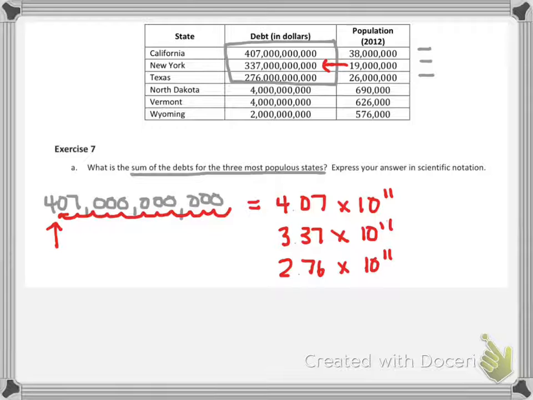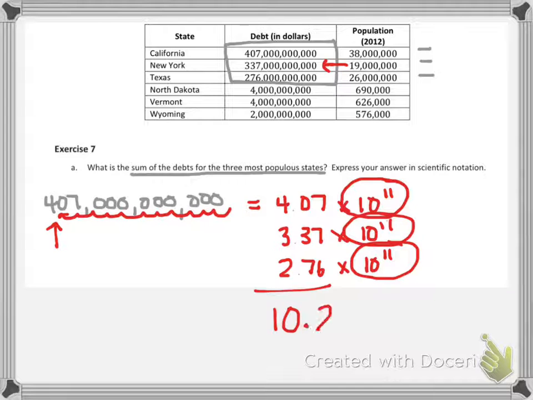Okay, and then we need to add all of those together. Since our base and exponent are exactly the same on all 3, I can go ahead and add my digits. When I add these 3 together, I get 10.2 times 10 to the 11th.